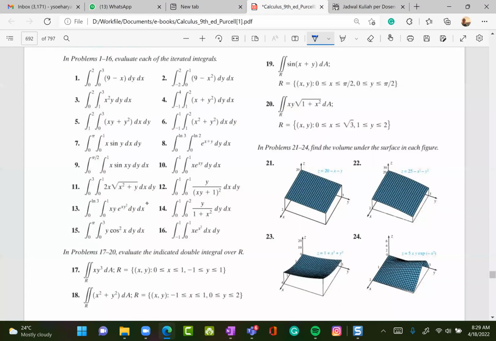Let's go back to this one. Sometimes you just cannot separate the integral. For example, here, problem 9.